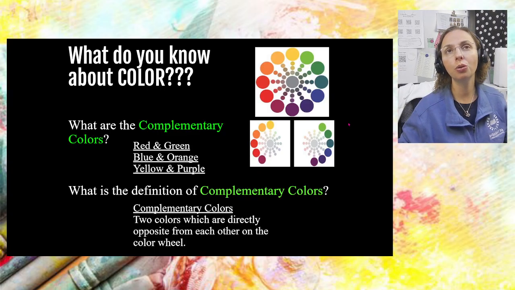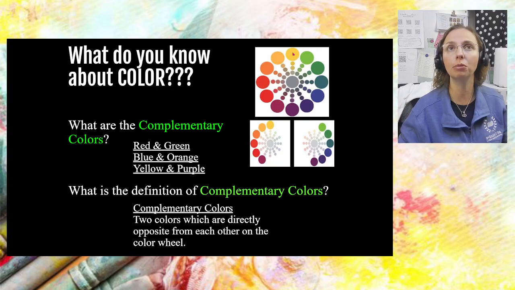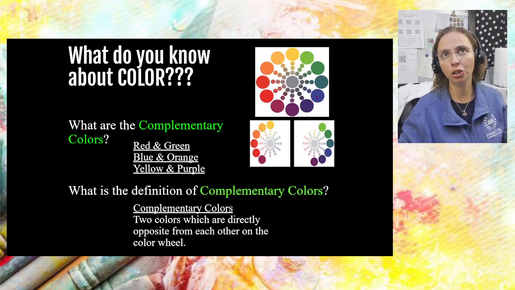color wheel. So as we're looking at this color wheel here at the top of our screen, or in the middle of your screen, you can see that purple or violet is at the bottom and straight across from that is yellow. That's how we can use the chart to identify complementary colors. And when we're looking at green, straight across from green is red, and straight across from orange is blue.